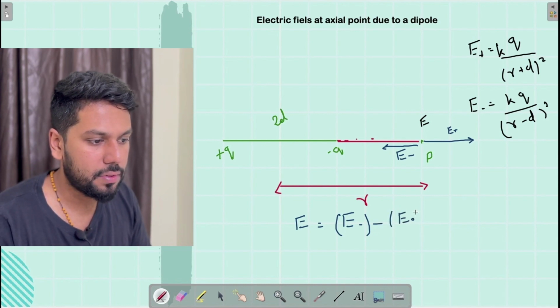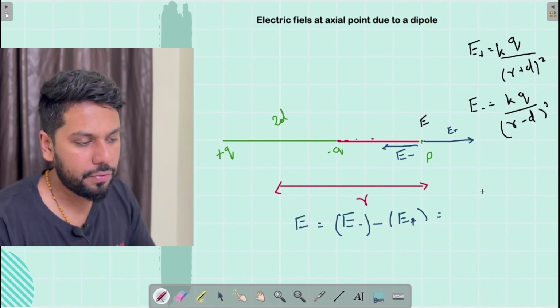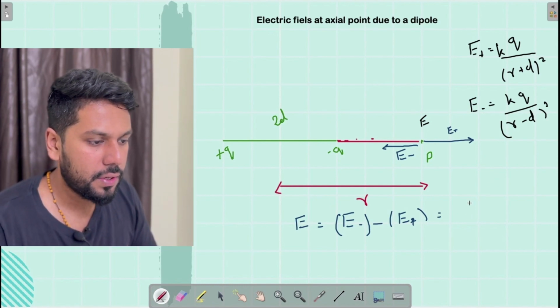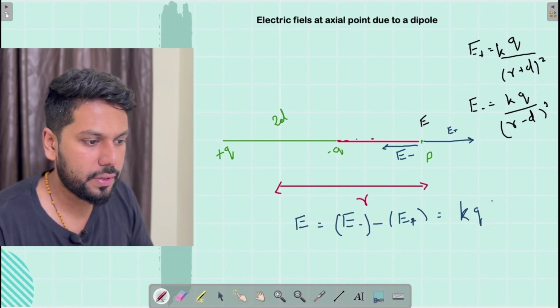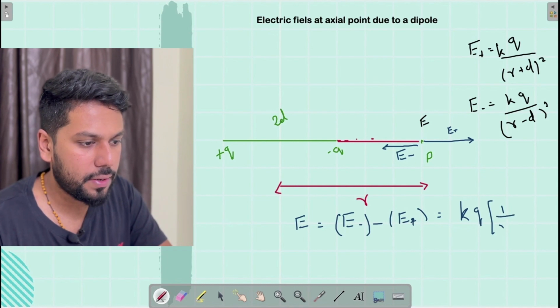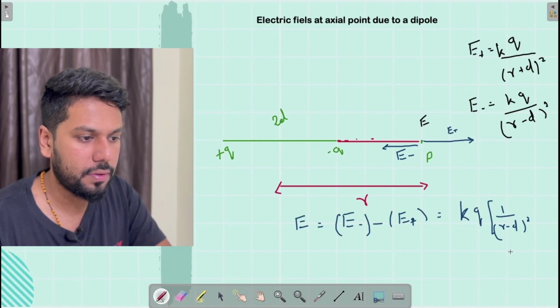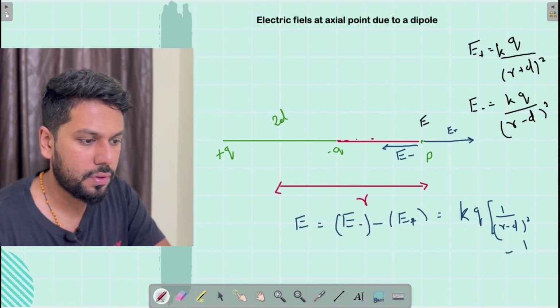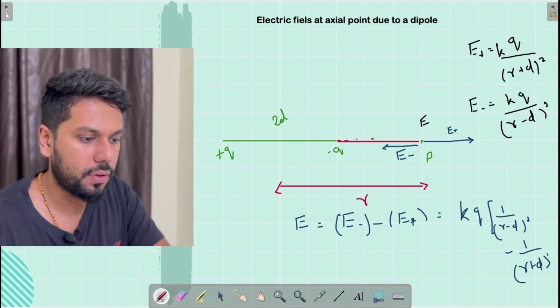When you do this, you get K q common outside, and you have 1 by (r minus d) whole square, minus 1 by (r plus d) whole square.